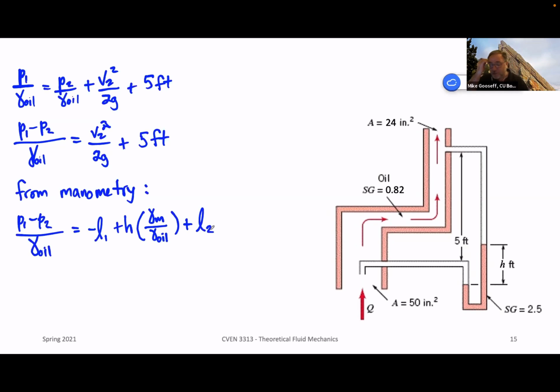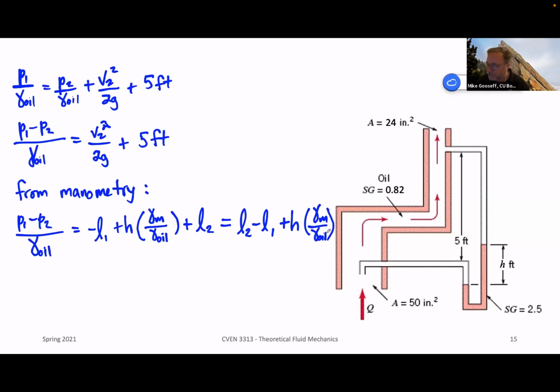And now let me just rearrange this a little bit. This, I think, is just a little bit easier to think about. L2 minus L1 plus H times gamma manometer divided by gamma oil.